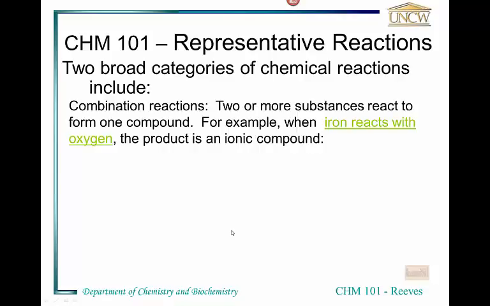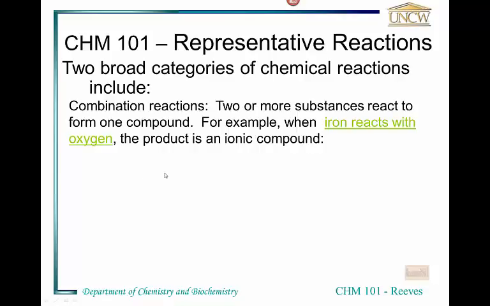Now, as you know, metals tend to lose electrons to get more stable, to form the cation, whereas nonmetals like oxygen gain electrons to get the same configuration as the nearest noble gas. In this case, the nearest noble gas to oxygen is neon.